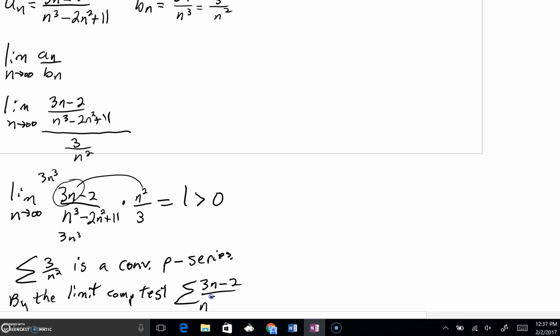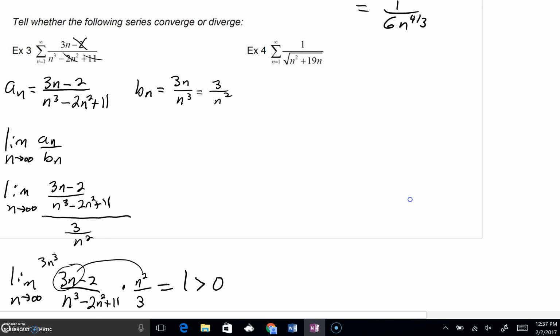The behaviors will be synonymous. They're going to be the same. Again, the limit comparison test is only going to be effective when our limit arrives at a positive real number.